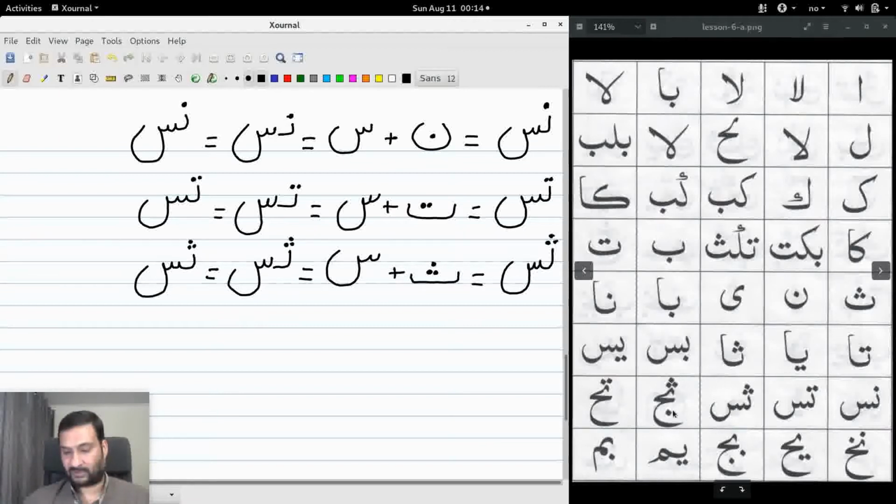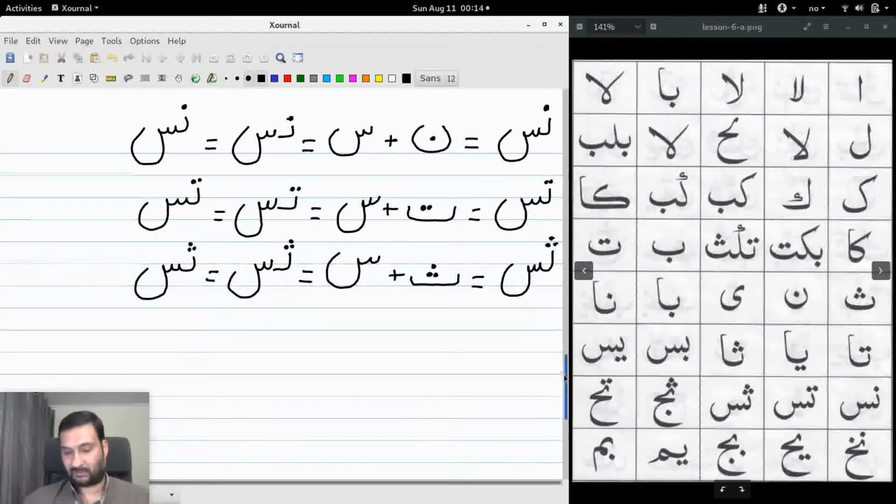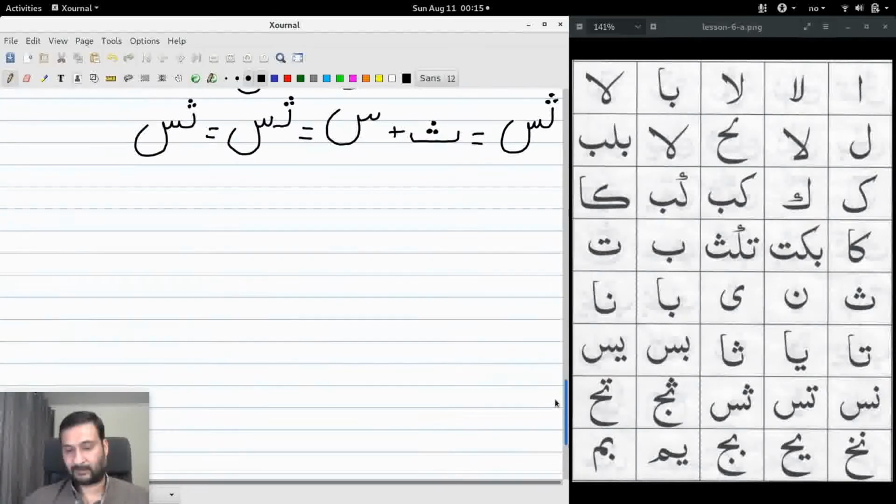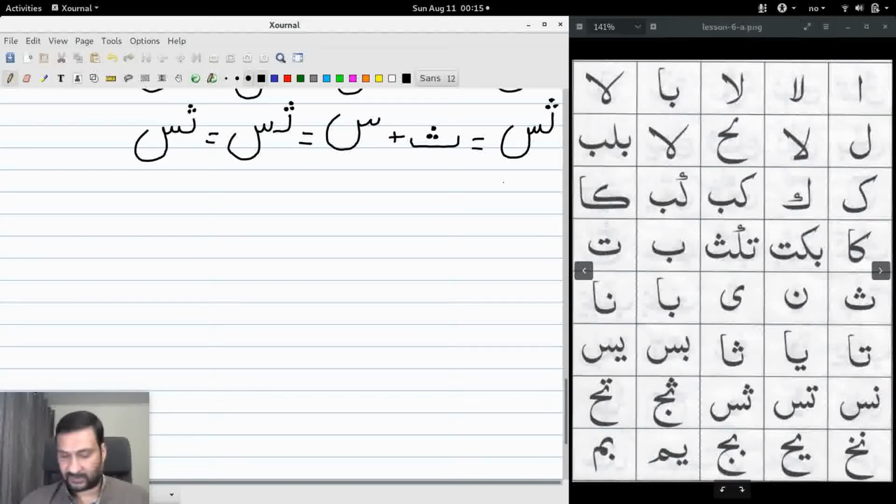Then comes this new word tha jim. Very interesting. So the way it's written is, first of all, this small little line here, this one is not very important, but I'll write it anyways just so you know. So this small little line is not important, and then it goes like this, and then it is like so.